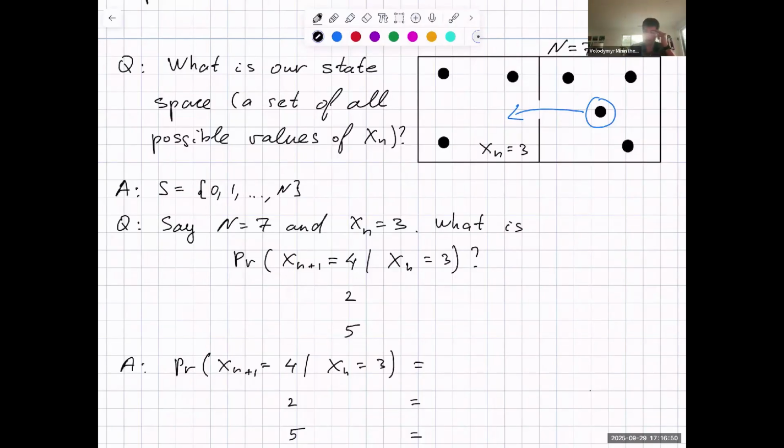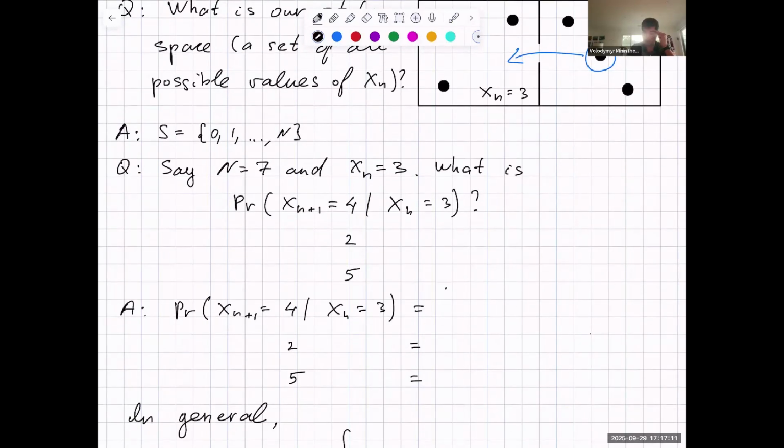The probability of grabbing something from the right, because I'm grabbing uniformly, is the number of molecules on the right, which is 4, divided by the total number of gas molecules. In order to increase this number, I need to grab from here. Otherwise, I'm going to decrease. That's why it's going to be 4/7.